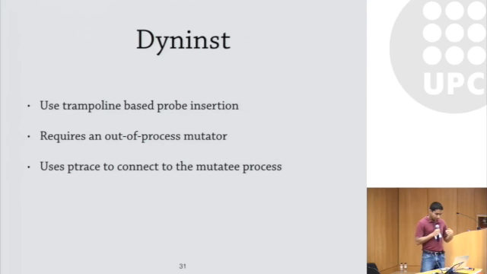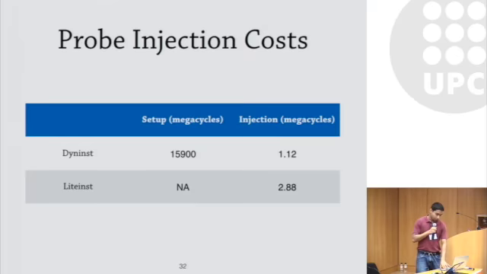So in that sense, Dyninst has a setup cost component for the instrumentation, which includes inter-process communication and the cost related to stopping all the threads. We measured this setup cost separately, and it turns out that this setup cost is significant. It's in the order of several seconds, and here I've given the figures in megacycles.